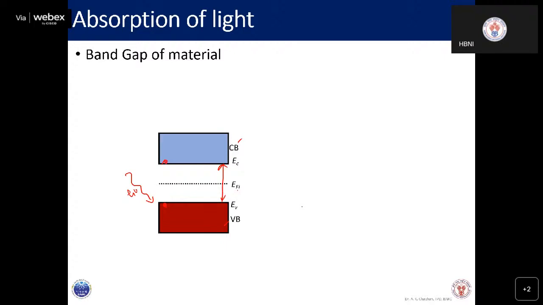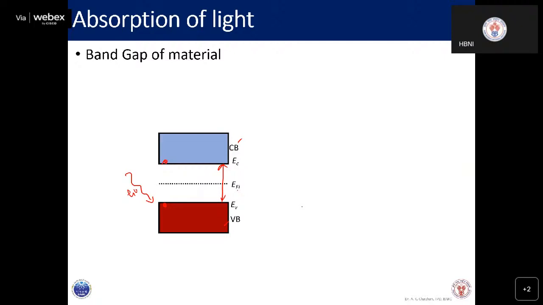So the first thing is, if you want to absorb the maximum amount of radiation, what should be the band gap? If I ask, the band gap should be 0. If the band gap is 0, whatever radiation is incident on a material will be totally absorbed.